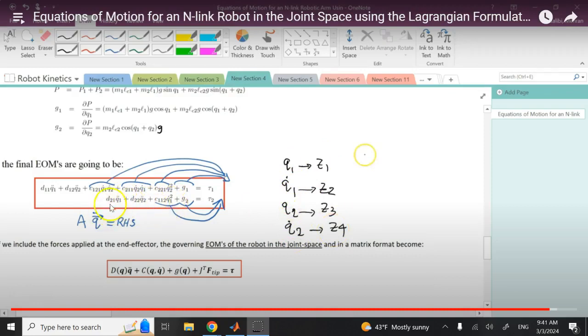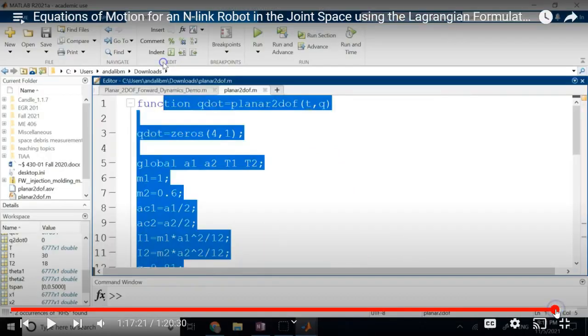Then we rewrote those governing equations as A Q double dot equals the right hand side. Then we solve for Q double dot, which is A inverse times the right hand side. The first element of that solution is Q1 double dot. The second part of that solution is Q2 double dot, which are going to be the time derivatives of Z2 and Z4, remember?